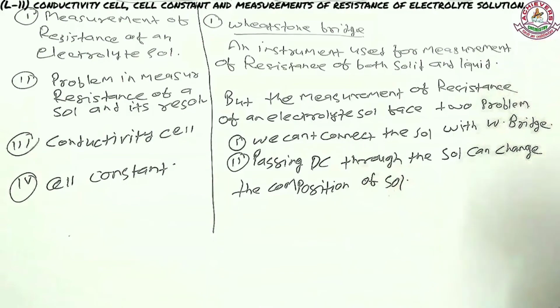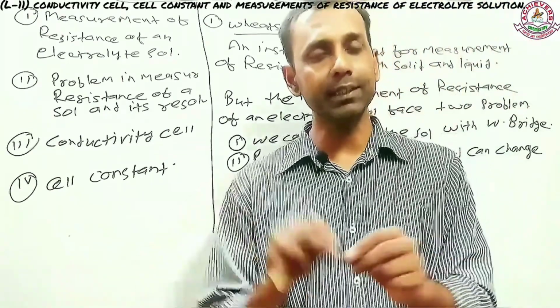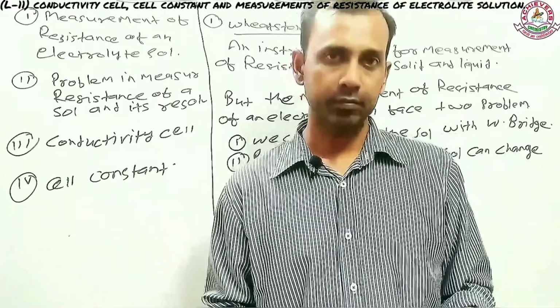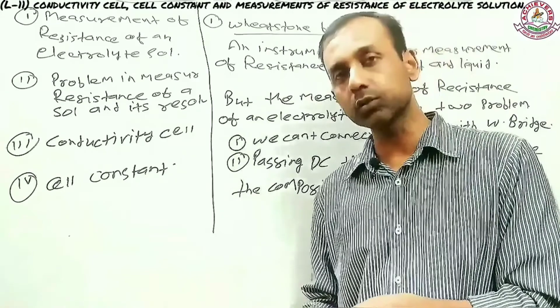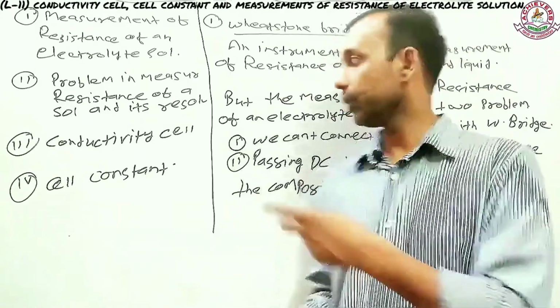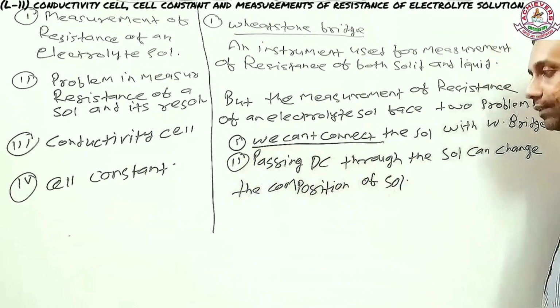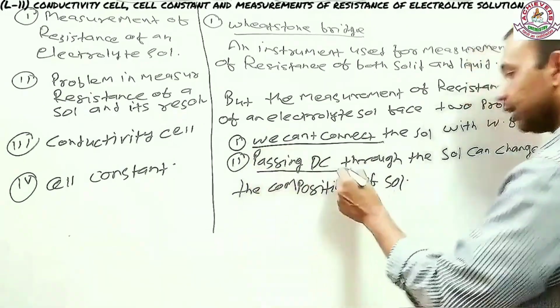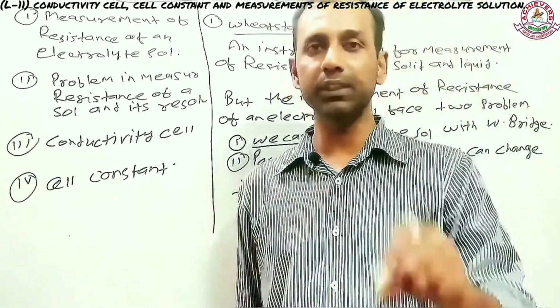Let me repeat the whole thing. When we have to measure the resistance of a solid, there is no problem. We can connect it and we can measure it. But when it comes to an electrolytic solution, there are two problems. One, we cannot connect it. And the second, if we pass DC, the solution may undergo some sort of reaction and the composition will be destroyed.